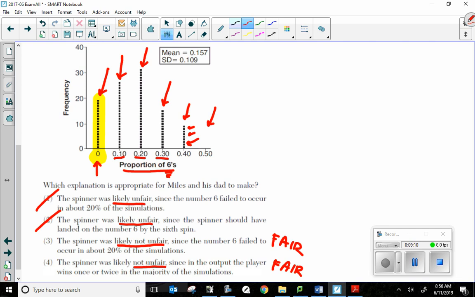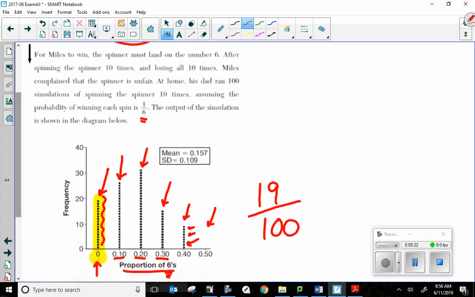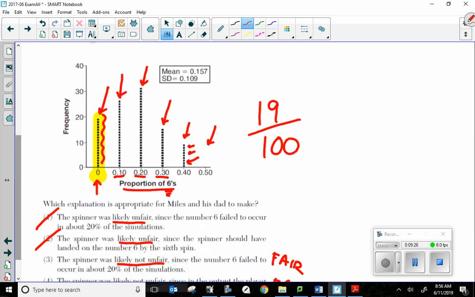If I count all these squares, there are 19 squares. So 19 times out of the 100 simulations that his dad ran, they ended up not winning at all, just like Miles. That is 19%.